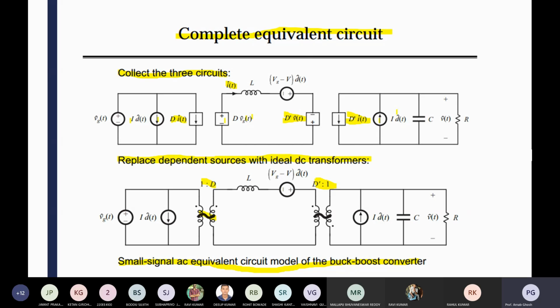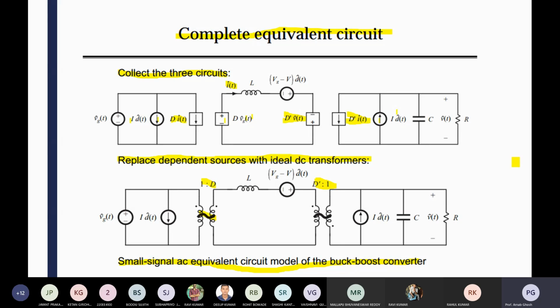The same method you have to use for the buck converter and boost converter. Tomorrow when I start my class, I will ask all of you individually whether you have completed this for the buck and boost converter.